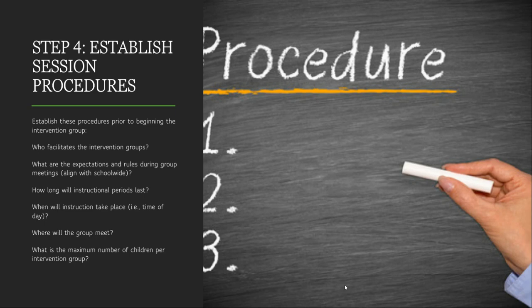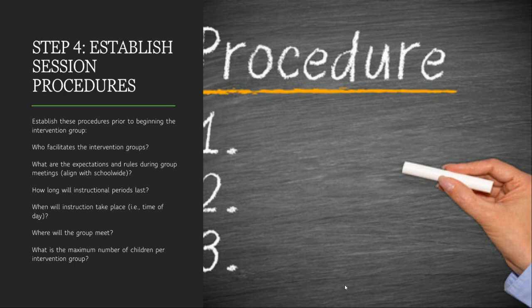So step 4 is going to be to establish those session procedures. This should be done prior to beginning the intervention group. As we talk about establishing, just like in the classroom, establishing procedures is going to help the students and maximize the amount of time that the instructor is able to spend on instruction.